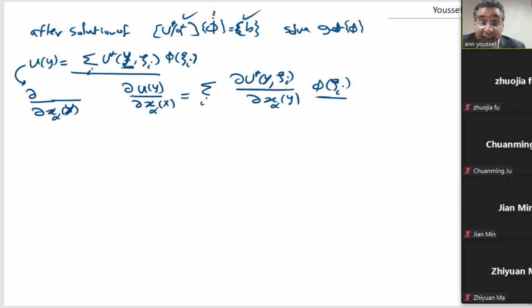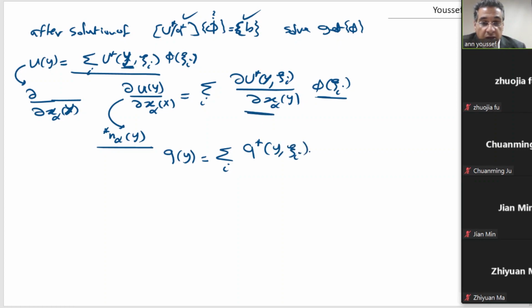Okay? And we can multiply by n alpha at y, provided that the point y is on the boundary. But if point y is not on the boundary, we don't have normal. We'll get q of y equals sigma over I q asterisk of y and xi I times the phi of xi I, because the multiplication of this term by n alpha gives us q asterisk.